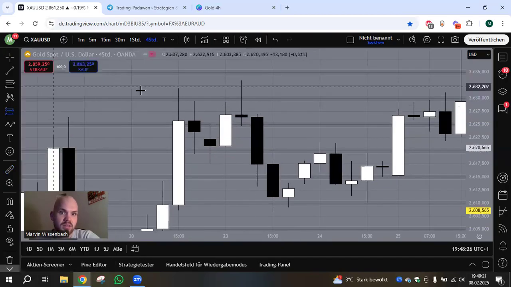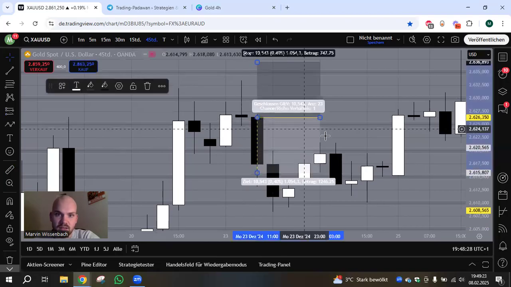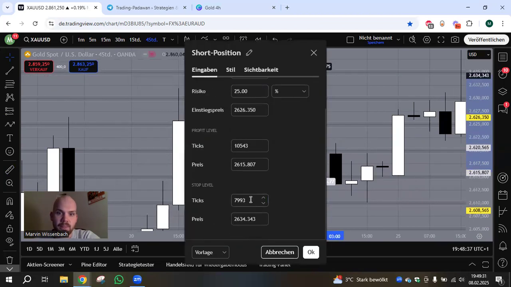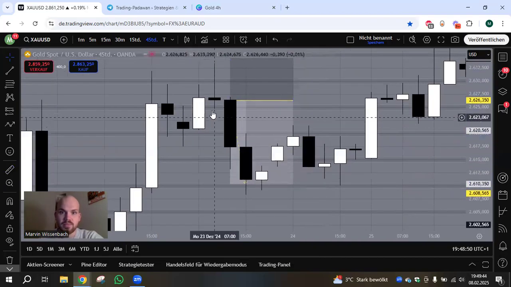In this case, it would have looked like this. We place our stop loss above the highs. So in this case, 80 pips. Let me enter that real quick, which is 8,000 ticks. And then our take profit is twice our stop loss, so 1,600 ticks, which is 160 pips.